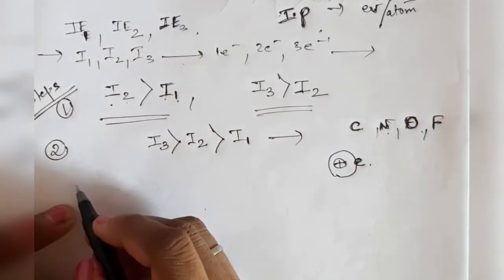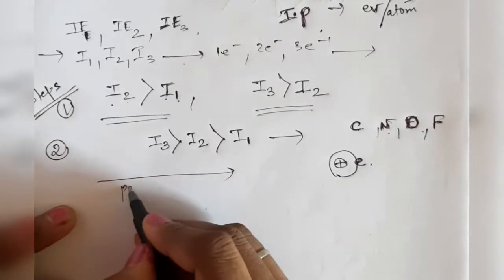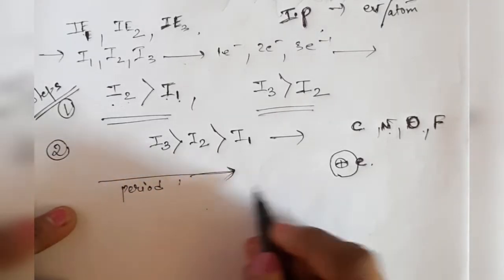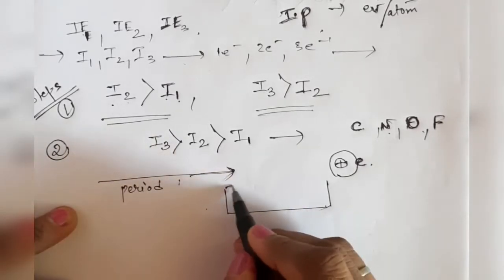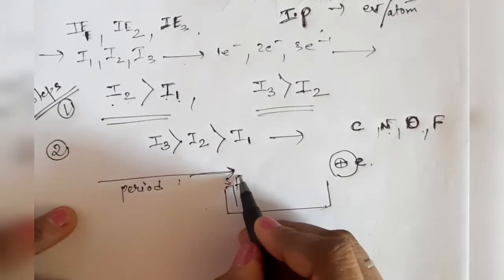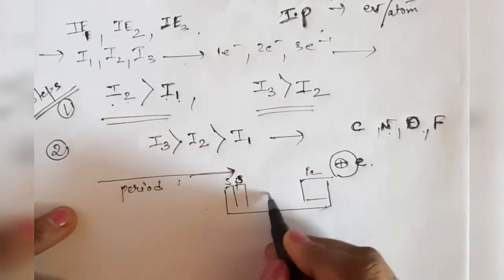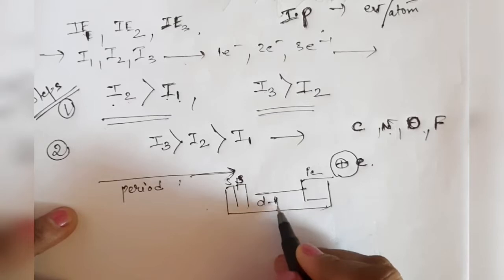As we move along a period in the periodic table, here is the S block with alkali metals, then here you have P block elements, and here you have D block elements, D and F block.